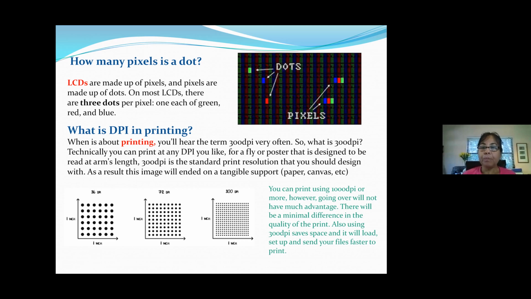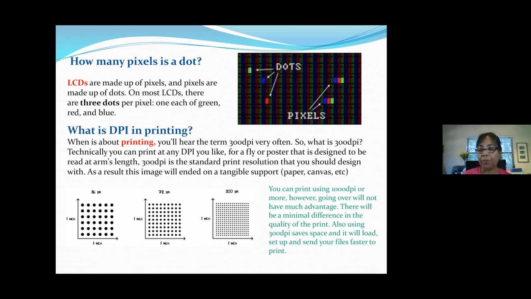You can print using even 1,000 DPI or even 1 DPI, but you won't see much advantage between 300 and 1,000 unless you are a professional photographer. Then you need more detail, the whole scale of degrees and every scale of colors.